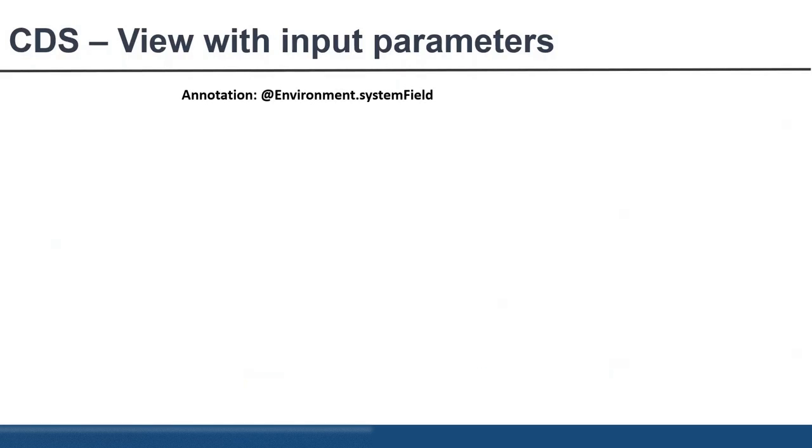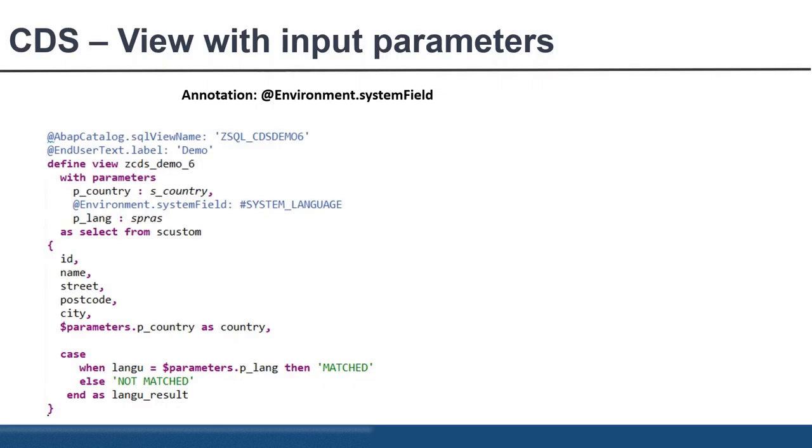The annotation Environment.systemField can be used to make certain CDS input parameters optional. Here's an example CDS view where we're using Environment.systemField with value #SYSTEM_LANGUAGE to make the p_lang, which is of type s_pras, which is language, optional.